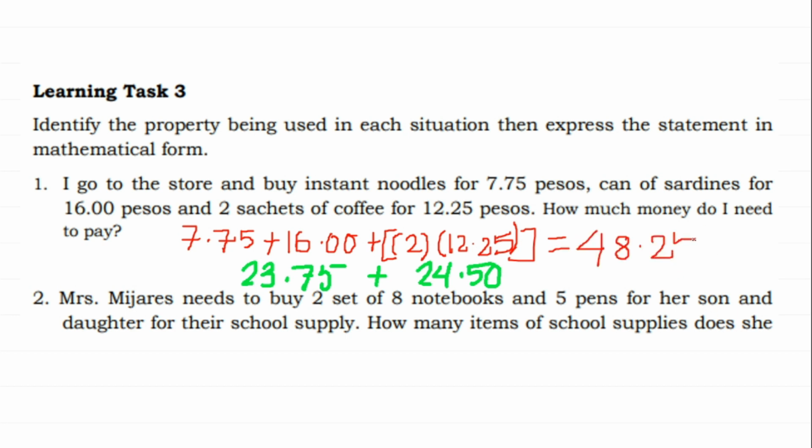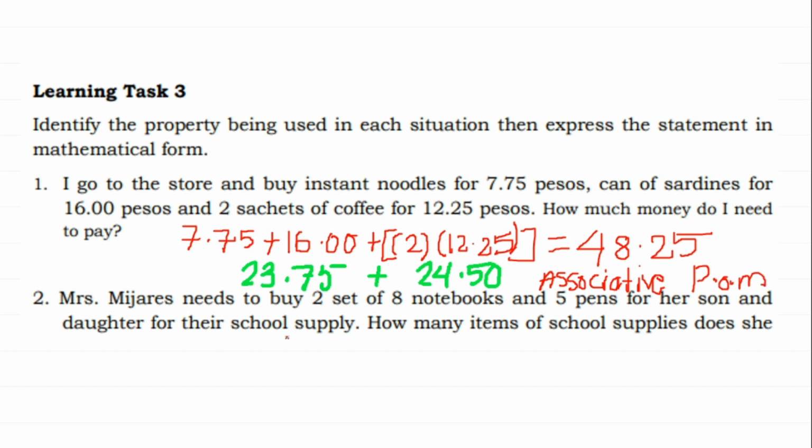So, ibig sabihin, ang babayaran niya sa tindahan ay 48 pesos and 25 centavos. Ngayon, anong property ang ginamit natin dyan? We use what? We use the associative property of multiplication. Okay? Yan. Associative property, tapos of multiplication na lang yung ilagay natin. Yan, of multiplication.